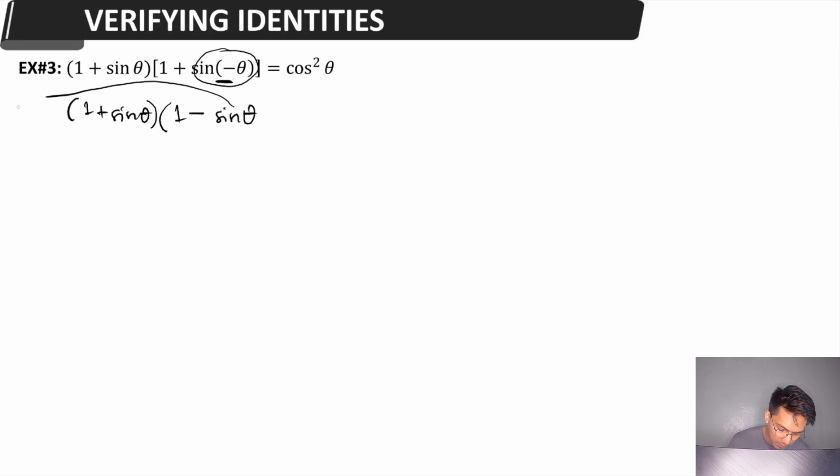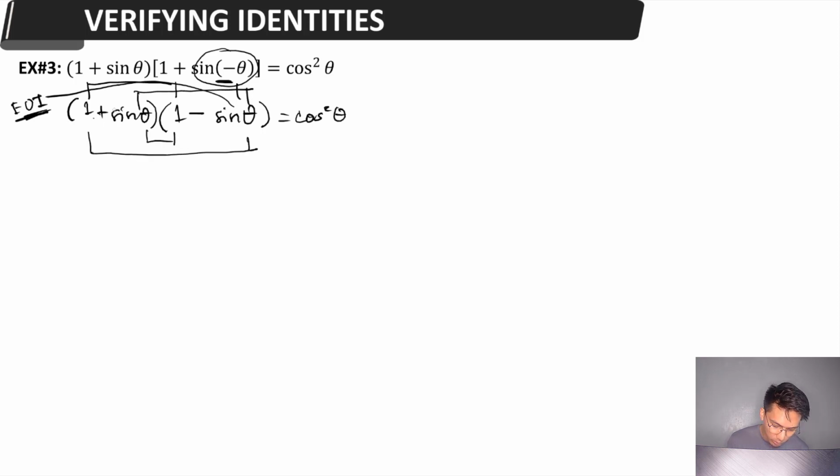So, ito, from even odd identity ulit. Ito siya. Is equal to cosine square theta. And then, next na gagawin natin, we multiply the terms. Ito, and ito. So, 1 times 1 is equal to 1.